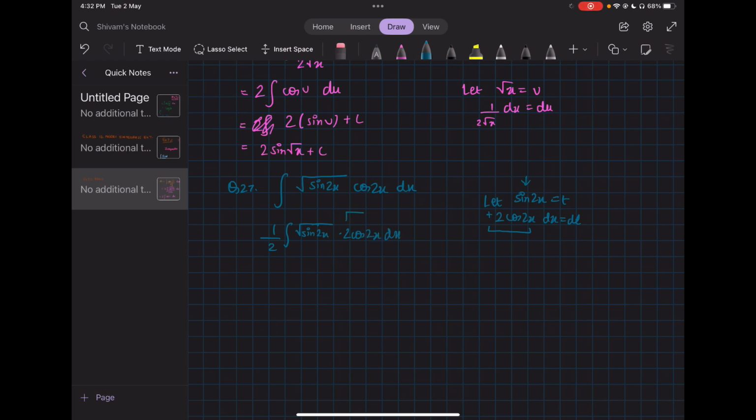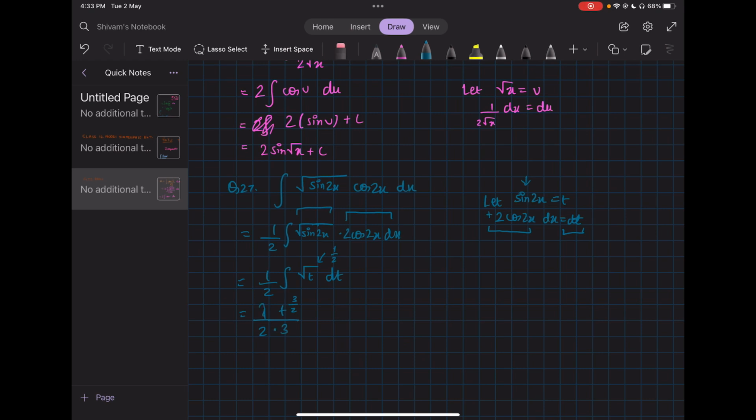Right. And now this part is my dt, right? And that is a root t. That becomes a root t, and that becomes dt. And now we're going to integrate in the t world. That's going to be t, and using the power rule, since this is a half power, we're going to increase the power by 1 and divide by the new power, which is going to be 3 over 2.